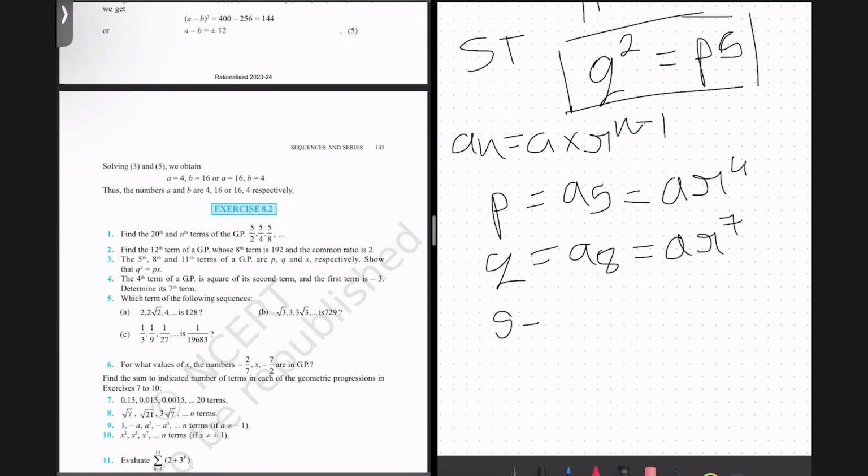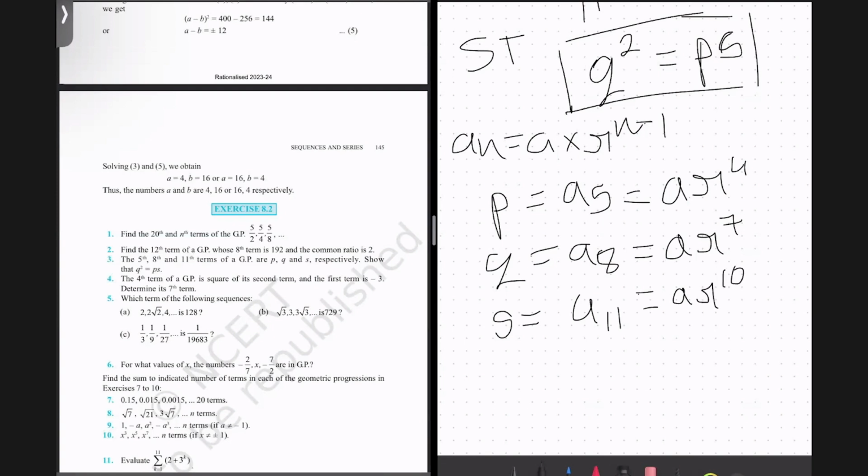The S term would be A of 12, I'm sorry, it has been given to us as A of 11. That would be nothing but A R to the power 10.